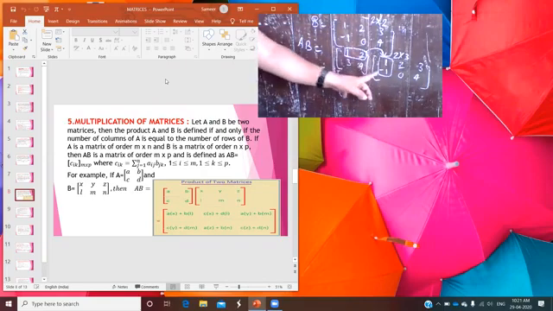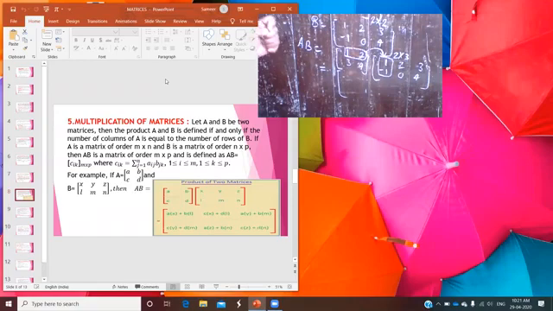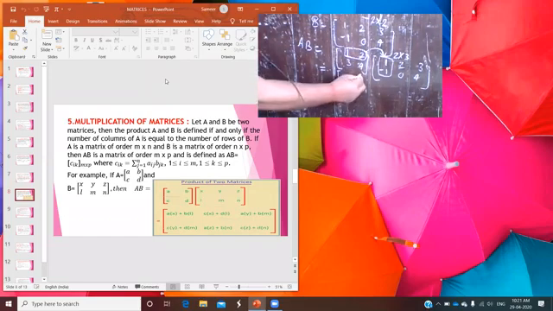So if you take the product, you have the sum for the element of first row, first column, and you well know the position of that element. So here you have the position of first row and first column.